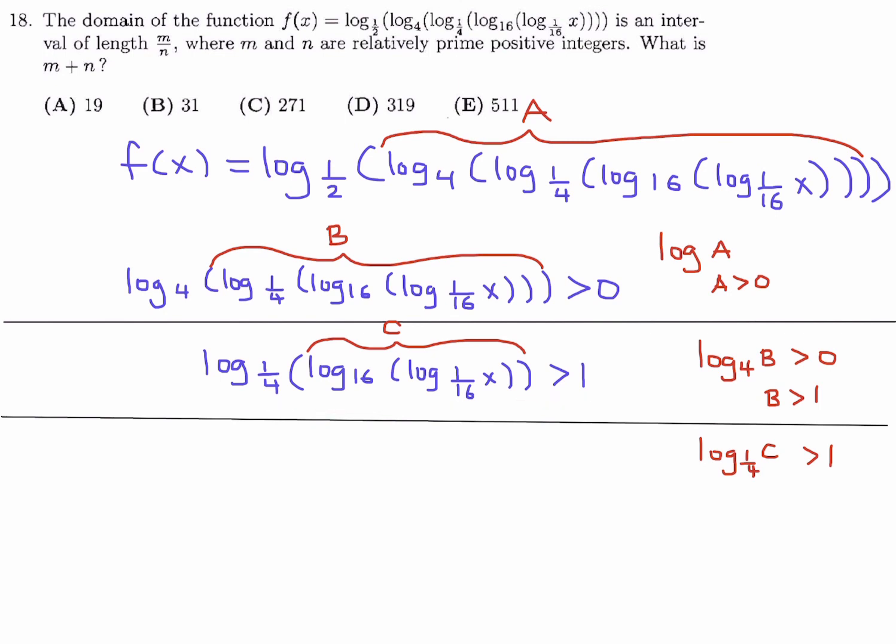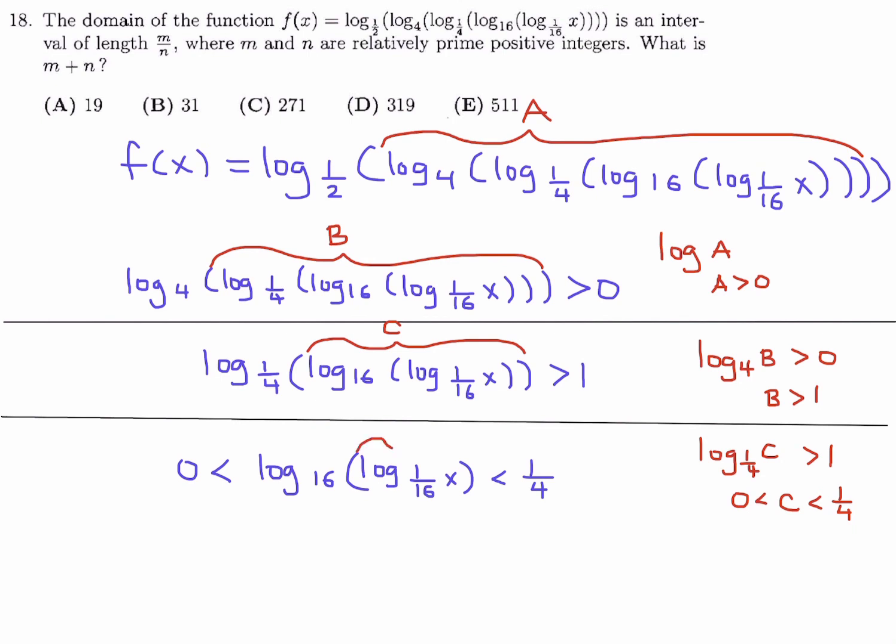The only way that's true is if c is between 1/4 and 0. And that's entirely based on log rules. So now we've got our next expression, that expression I had called c, which is between 0 and 1/4.